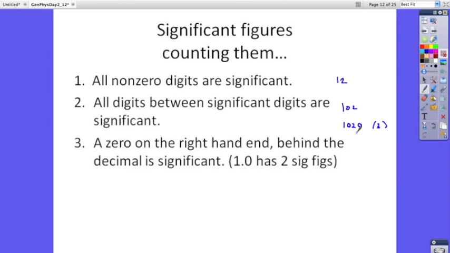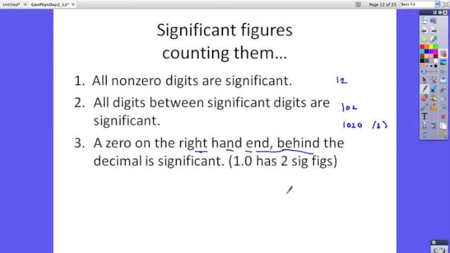And it also doesn't meet the other case, which is this rule: a 0 on the right-hand end, behind the decimal. Well, it's not behind the decimal. There's no decimal written in this number. And if there were, it'd be right here. And that 0 is not behind it. So it's not significant. Zeros in between and zeros on the end behind the decimal are significant.